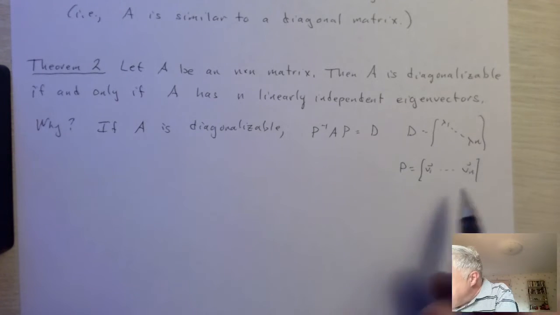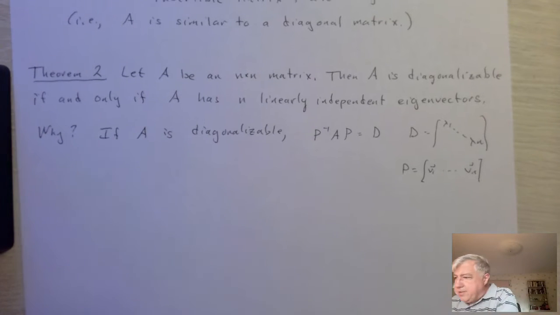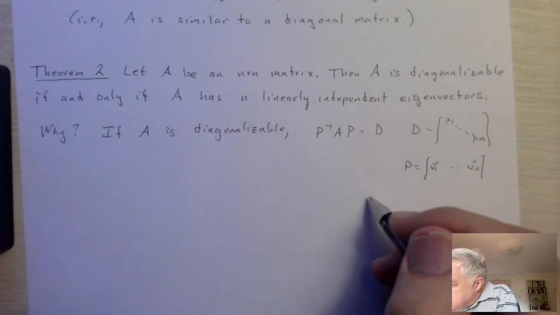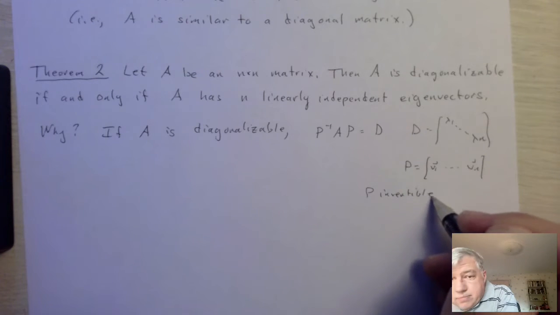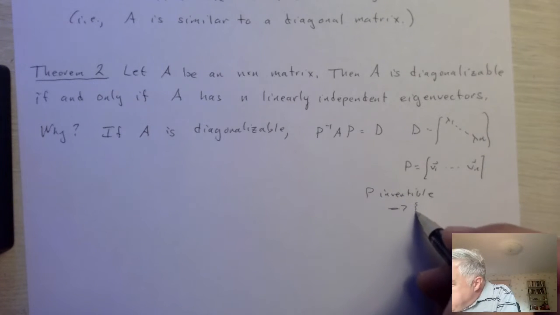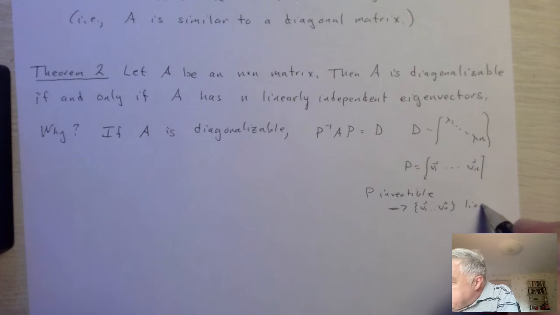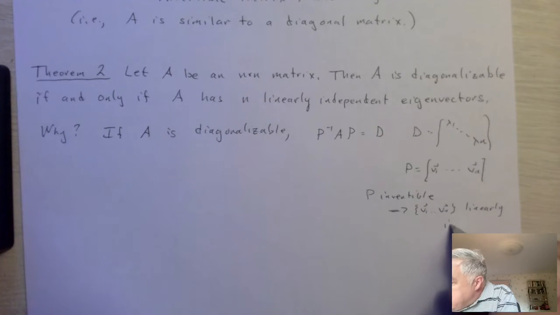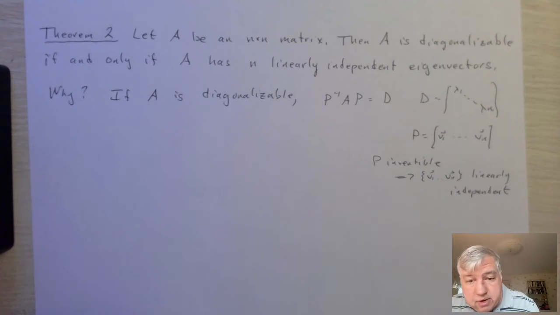These are the column vectors that make up P. And because P is invertible, that means that these vectors V are linearly independent. That follows from the fundamental theorem of invertible matrices.